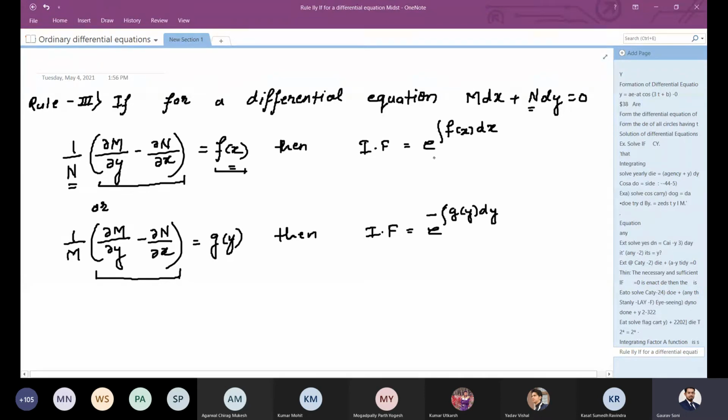Then what is the integrating factor? E to the power integration f of x dx. If after dividing by M, I get a function of y, then what is my integrating factor? E to the power minus integration g of y dy. Note down all three rules somewhere so that I can go for examples. And if you have any difficulty, you can ask.